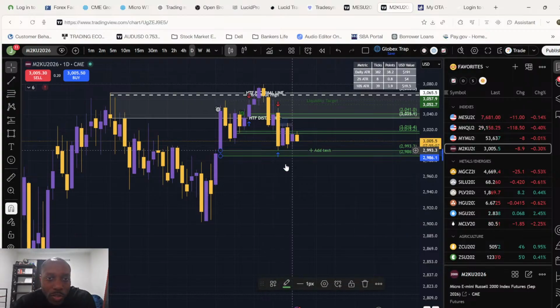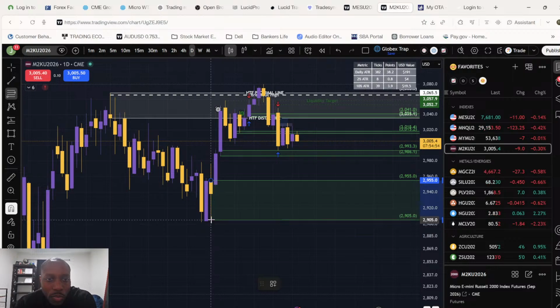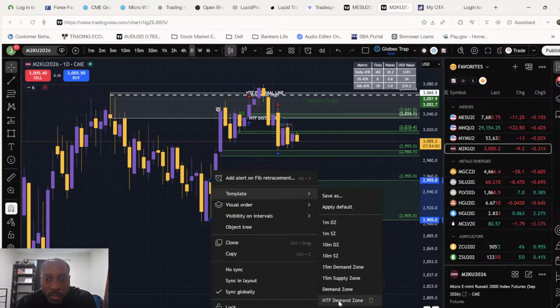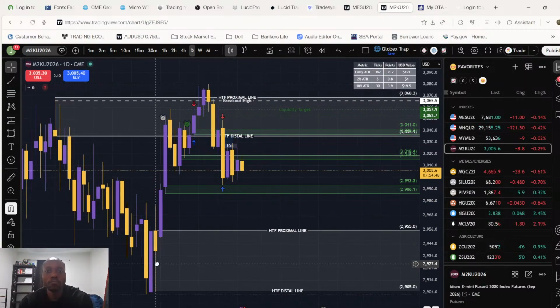We got a demand zone here that I want to see get hit before turning around. Got a demand zone here, but that's a higher time frame demand zone, so we're gonna make that gray.